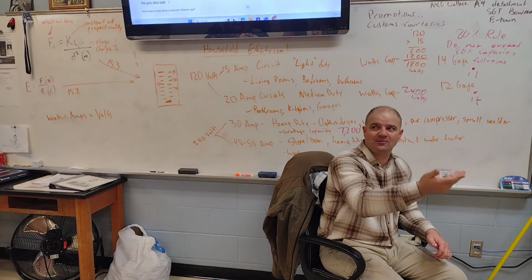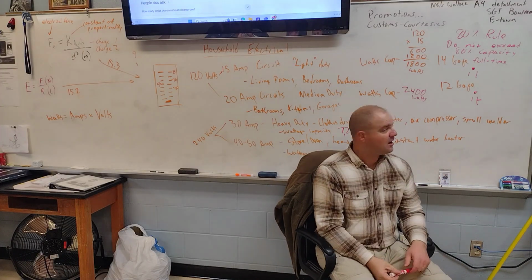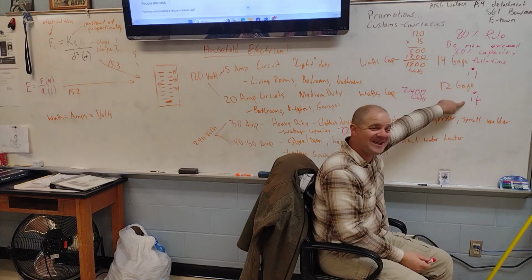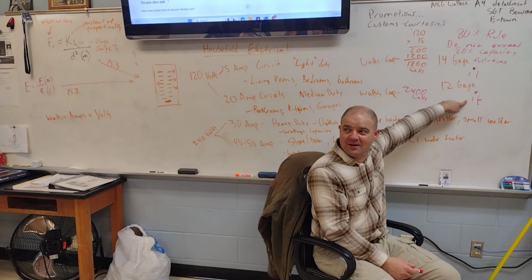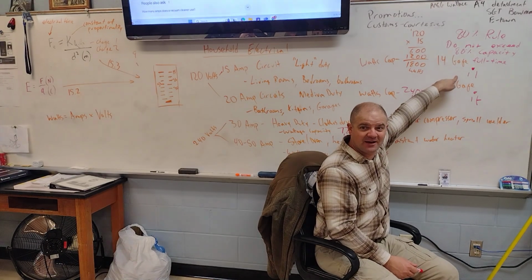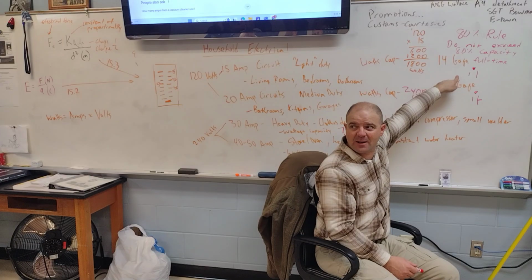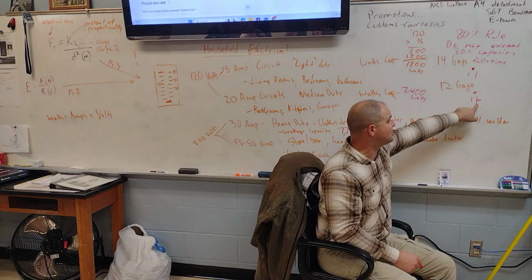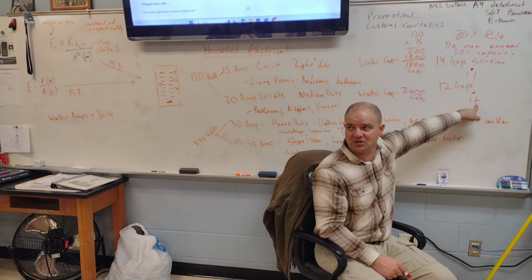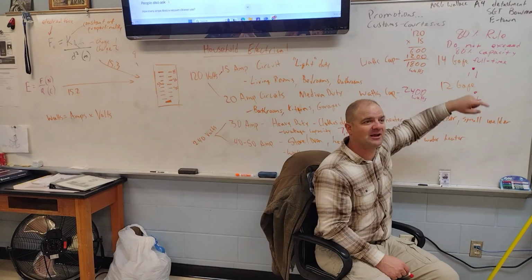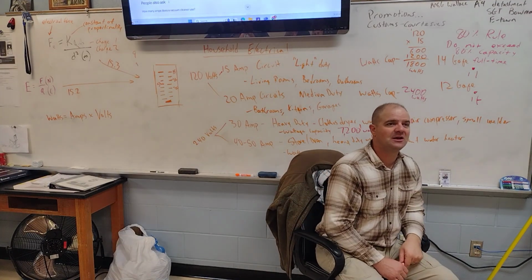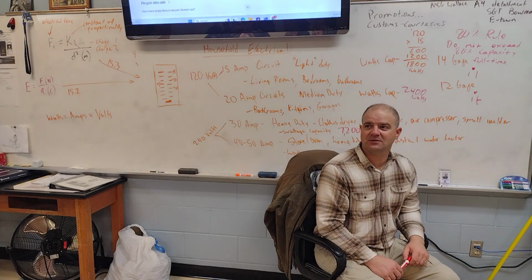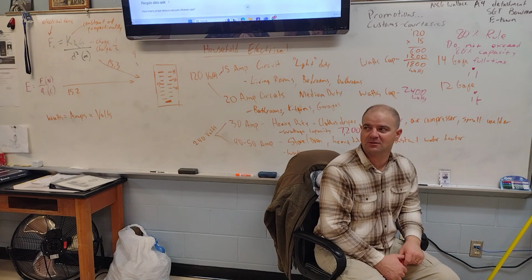And the line can handle more than the outlet can. So that's okay. But if you have a 20 amp outlet on a 15 amp line, now that could cause some problems, because when you plug in something that actually has a plug like this, it's going to draw more than a 15 amp line could carry. Does that make sense?